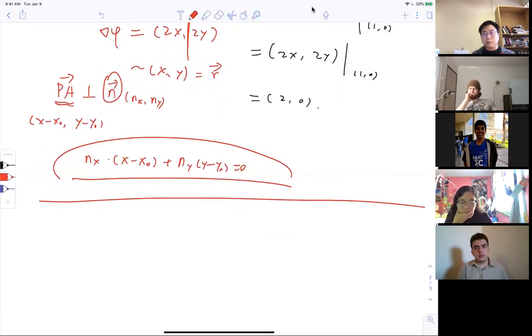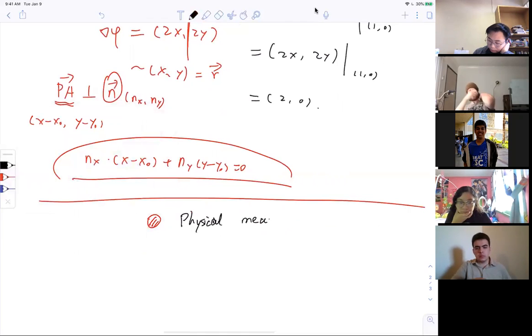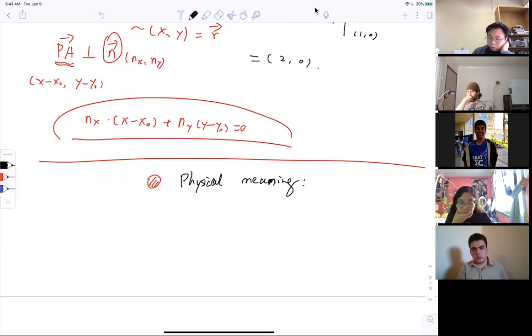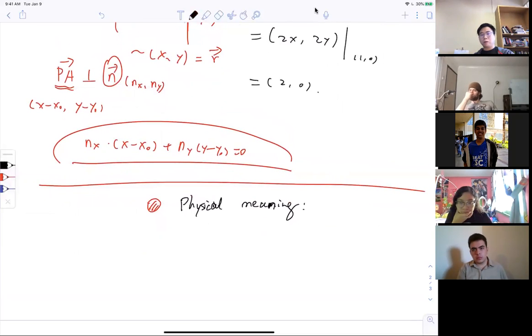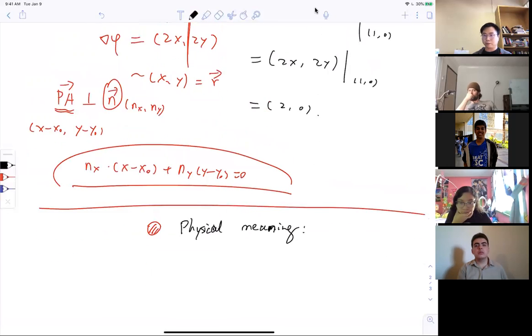So from the physical point of view, from the physical meaning, we will always borrow a physical example to help us understand these abstract mathematical equations, right?